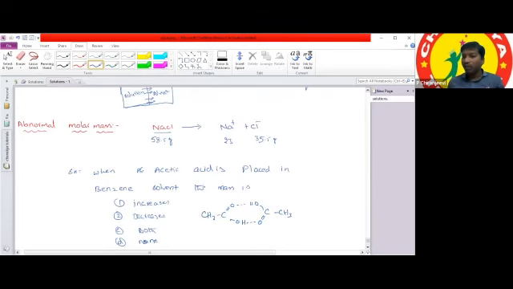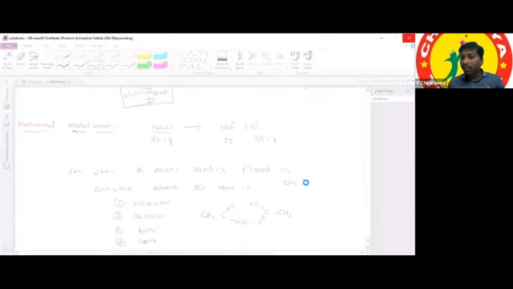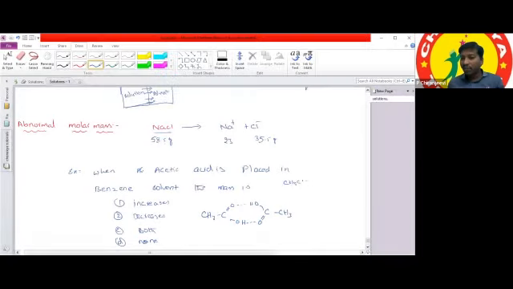Whenever it is in monomer form, that means CH3COOH, what is the molar mass of the CH3COOH? 60 grams per mole. So the molar mass of 1 mole of acetic acid is 60 grams.